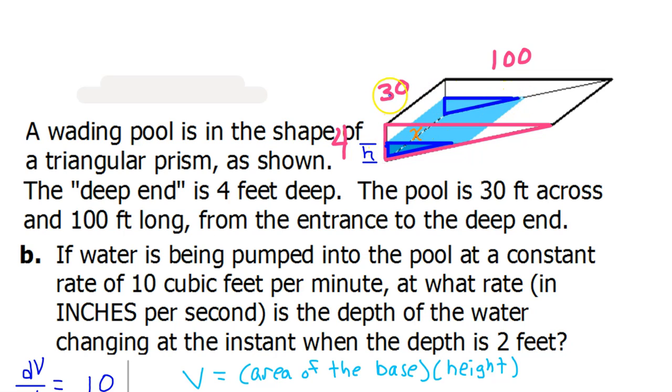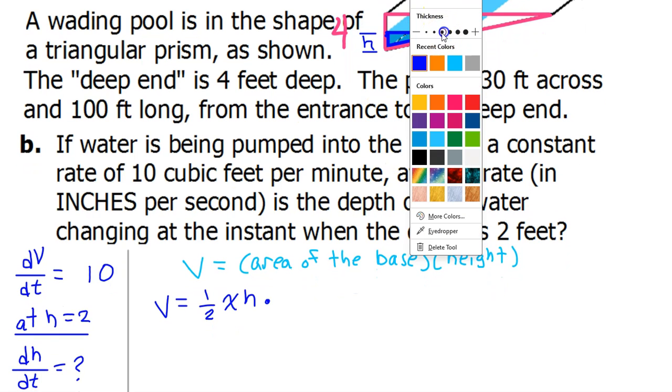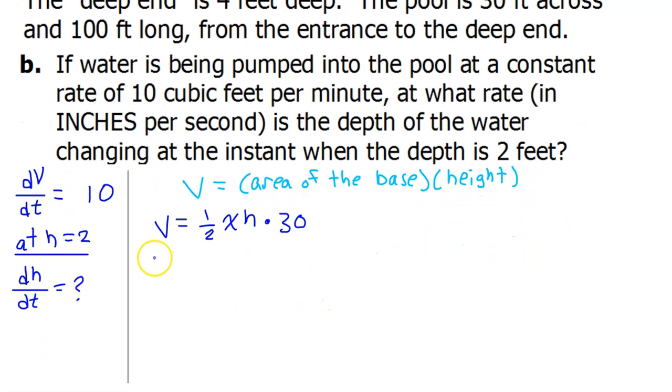So the height of the prism is 30. That's the same for the whole pool and the height of the water prism. Both are 30. We can simplify this a tiny bit because 1/2 of 30 is 15. So we have 15xh.